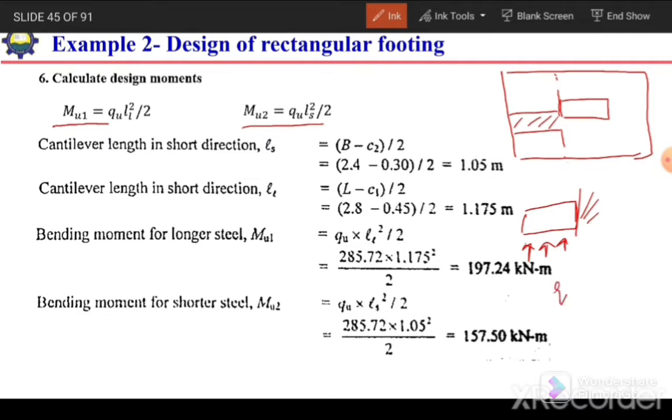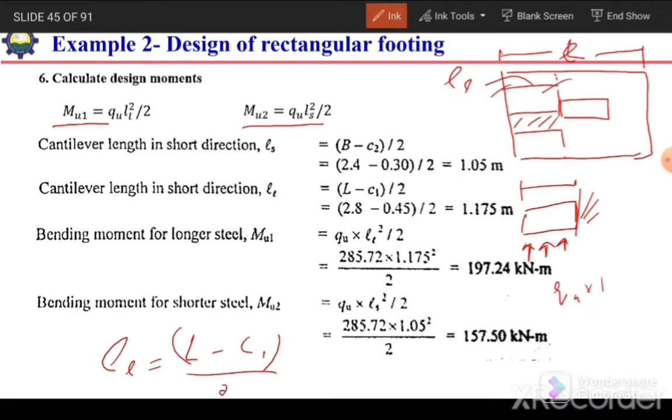The uniformly distributed load will be QU times 1, and the length of this cantilever beam will be equal to this, and this much we can call LL, the span in the longer direction. So LL will be equal to (L minus C1) divided by 2, or we can write L by 2 minus C1 by 2.